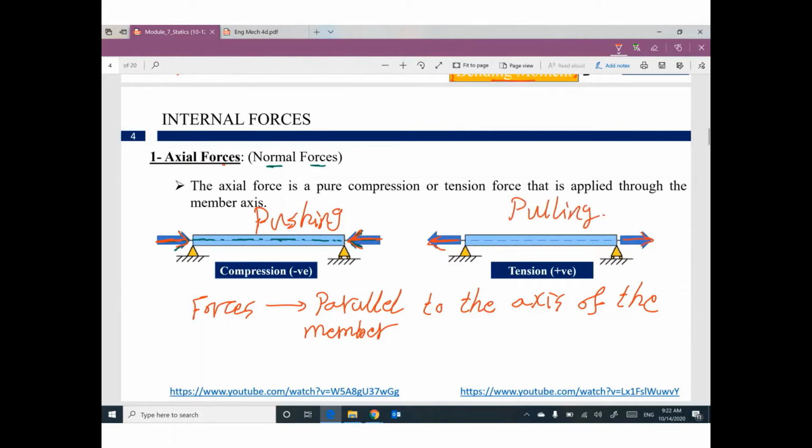If these forces are pushing, it's a compression, and compression means negative. If these forces are pulling, it means tension, and these forces will be positive. But you have to remember, the forces that make axial force or normal force are forces parallel to the member itself.